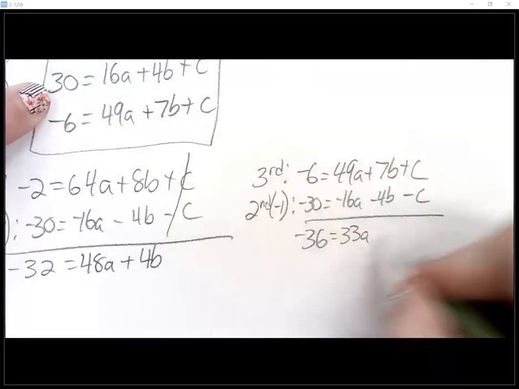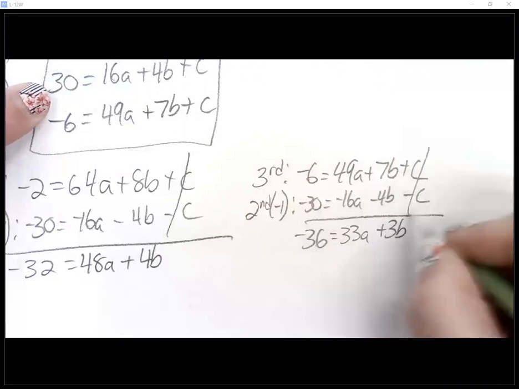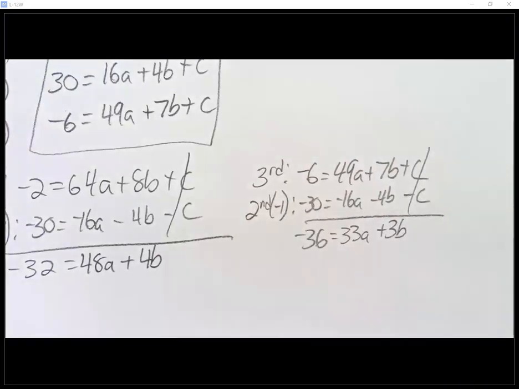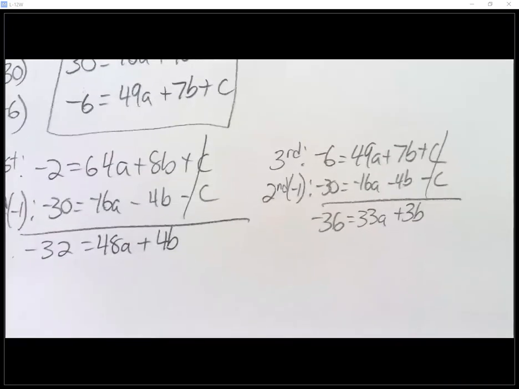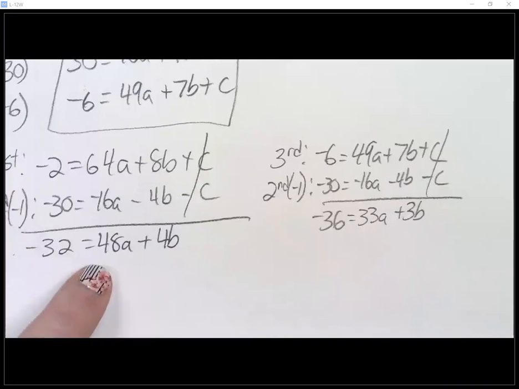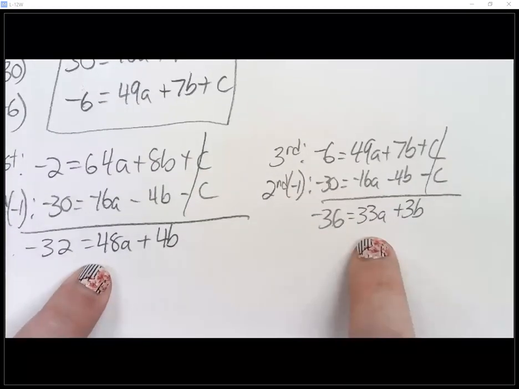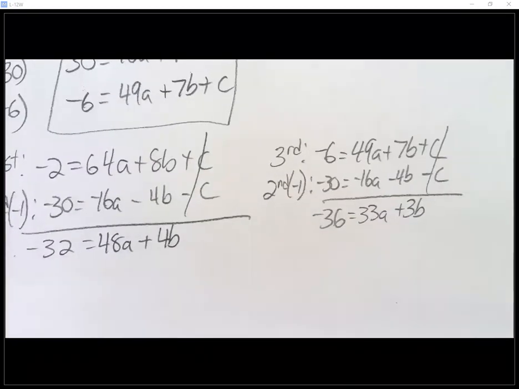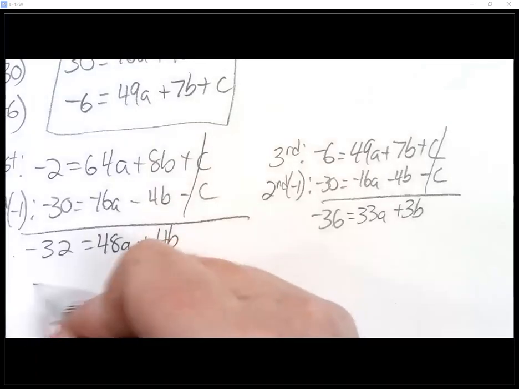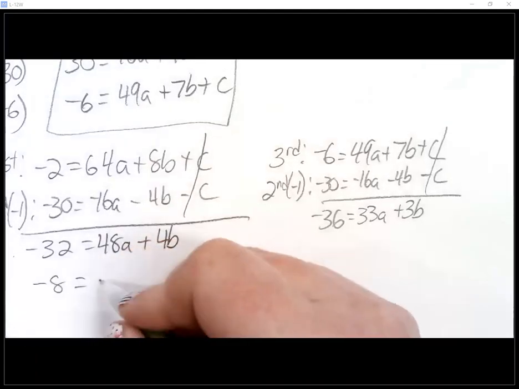Plus 3b, the c's are gone. Okay, so if I look at my 2 new equations, nobody's a pair of opposites right now. So why don't I divide this one by 4 and divide this one by negative 3, and that'll get me the b's to be opposite. So divide by 4, I get negative 8, 12a plus b.